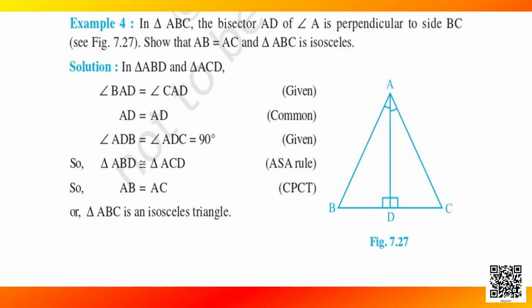Students, let us discuss example 4. It says in triangle ABC, the bisector AD of angle A is perpendicular to side BC. Show that AB is equal to AC and triangle ABC is isosceles. So let me draw the diagram as it is given in your book.